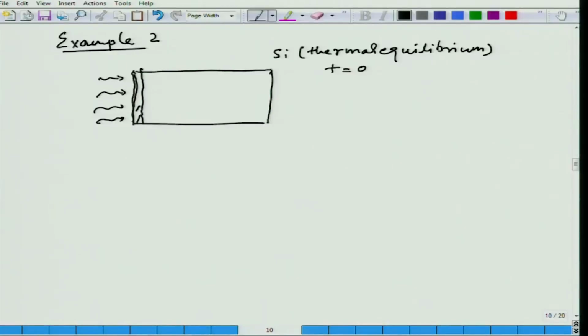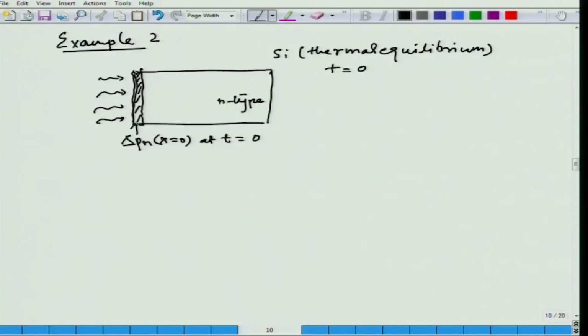Let us say this is an n-type material, and I have generated an excess carrier concentration at x equal to 0 by shining light on it at t equal to 0, and then I stop shining light.